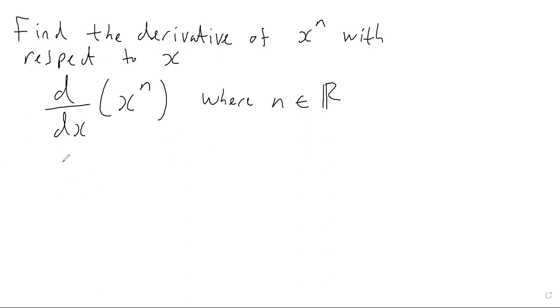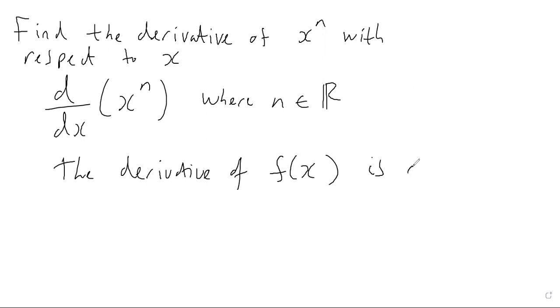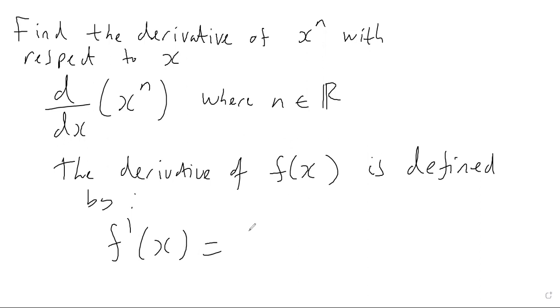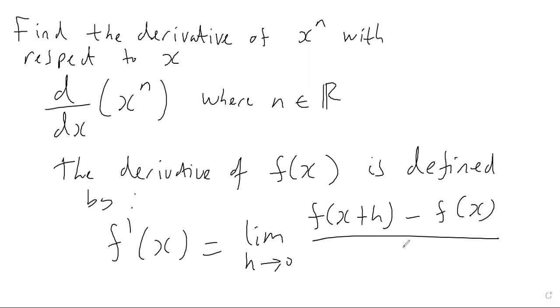The derivative of f of x is defined by this: the limit as h goes to 0 of f of x plus h minus f of x, divided by h. That's the definition we're going to use to work out the derivative of x to the power of n.